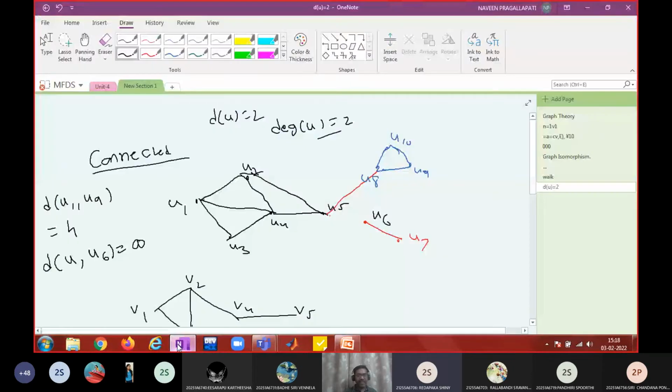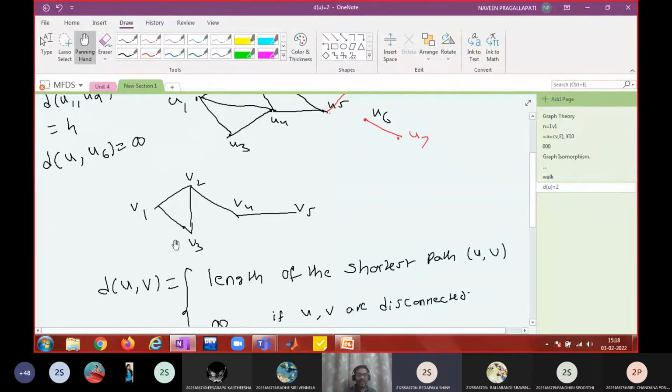Whereas if I remove like this, can you tell me what is the cut vertex here? Let us take this graph. In this graph, which one is a cut vertex? V4, sir. If I remove V4, the number of components increases, therefore it is a cut vertex. Is there any other cut vertex?